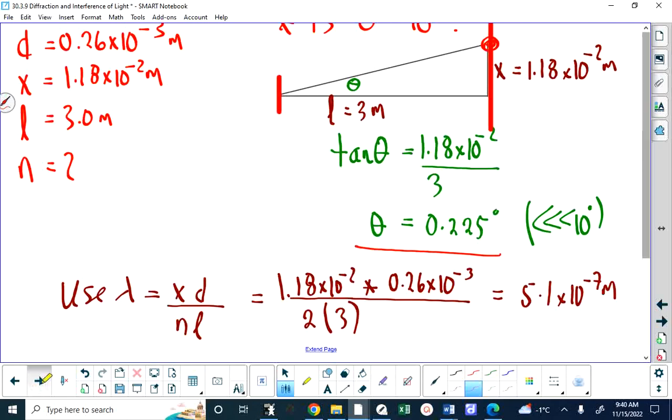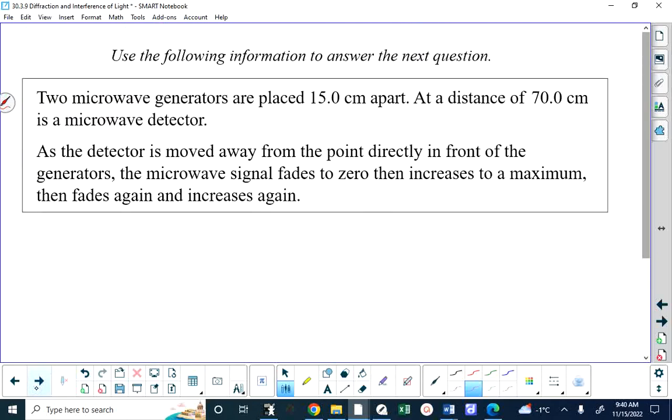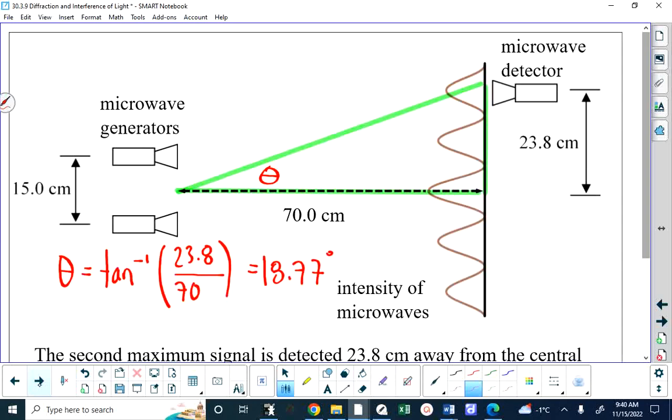All right, and I also asked you to complete number 5. We have 2 microwave generators, and they are put 15 centimeters apart. That means that's D. This is not a case of you having one big sweeping wave of microwaves hitting 2 openings.